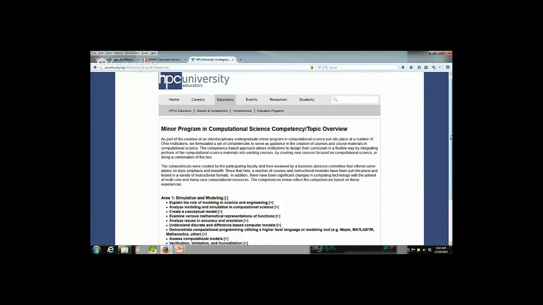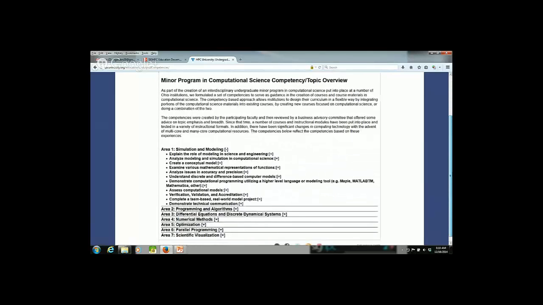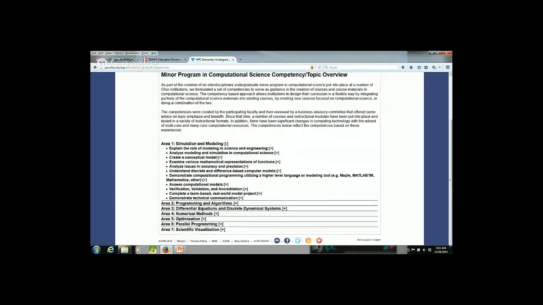The way we develop these competencies, we try to be very specific by having a set of very specific objectives, and then under each of those objectives, a set of descriptors which explain what would be the content of a course.